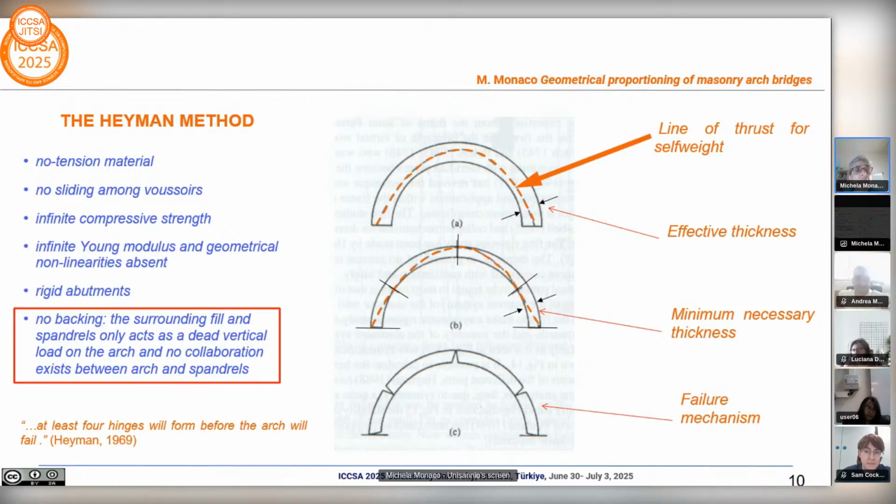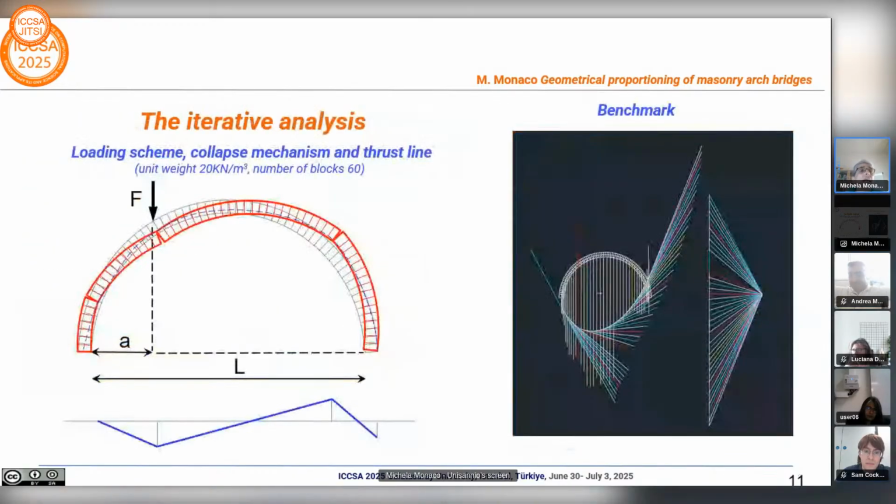So the analysis according to this method has been conducted with an iterative method, considering as loading scheme the self-weight, supposed constant in all the analyses, and a single point force whose position is defined by the ratio a over L.